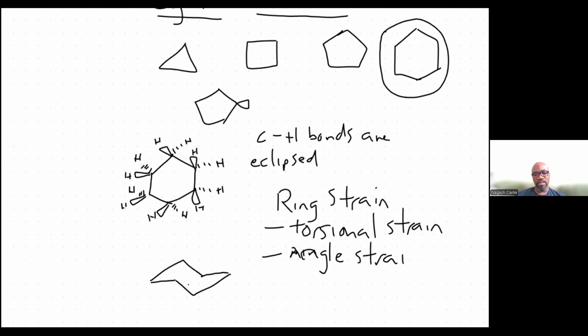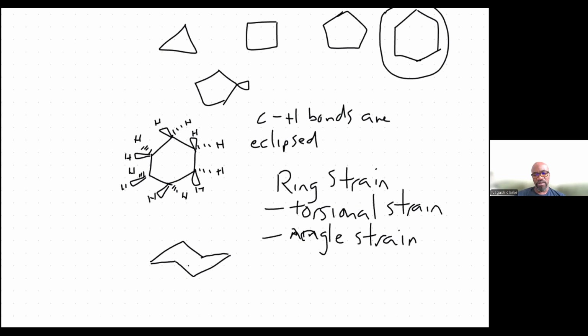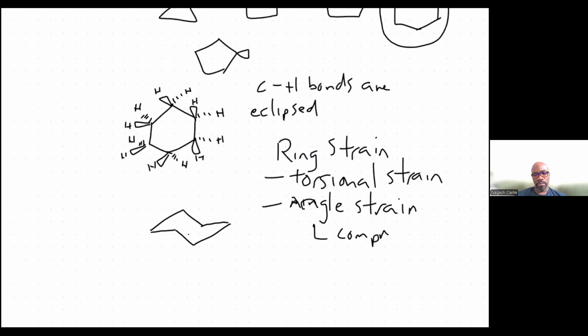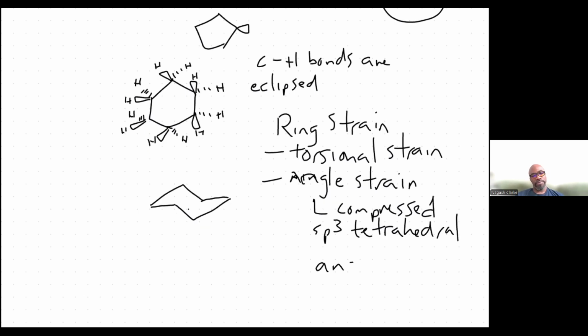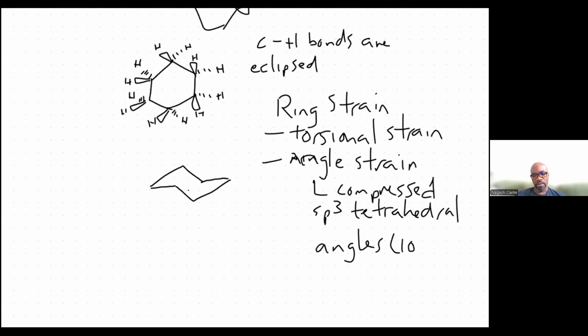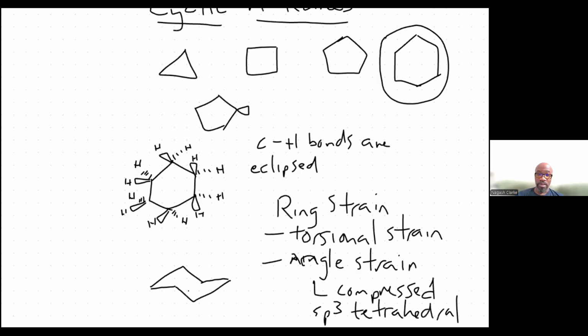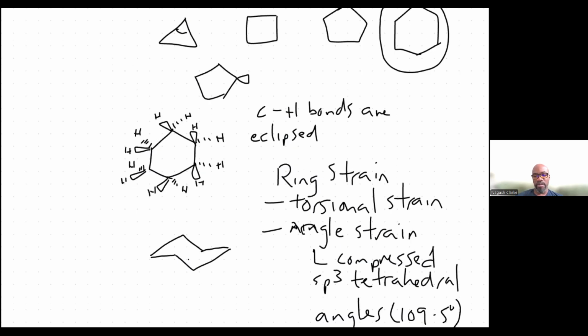Angle strain essentially is compressed sp3 tetrahedral angles. The tetrahedral angle, if you recall, is 109.5 degrees, but there's no way, for example, in cyclopropane, that the bond angle between these two bonds is 109.5. It's much closer to 60. So there's repulsion that happens there, angle strain.